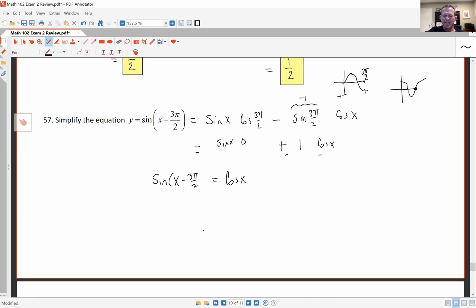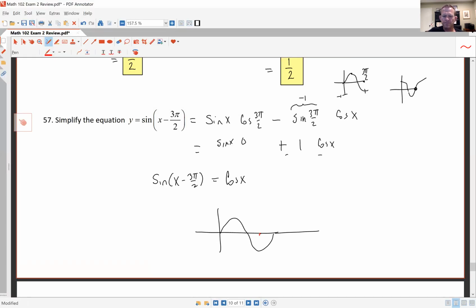What that says is that if we took a sine wave and moved everything over 3 pi over 2, this point would move to this point. This point is going to move to this point. This one moves to there.